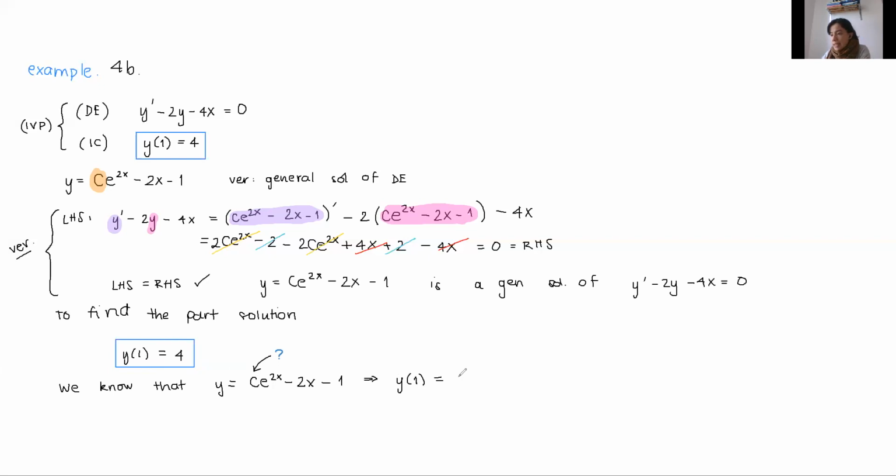So that means I get c times e to the 2 times 1, but e to the 2 times 1 is just e to the 2, minus 2 times 1, minus 1. Right? And that means that y of 1, the function evaluated at 1, is going to be c times e to the 2 minus 3.